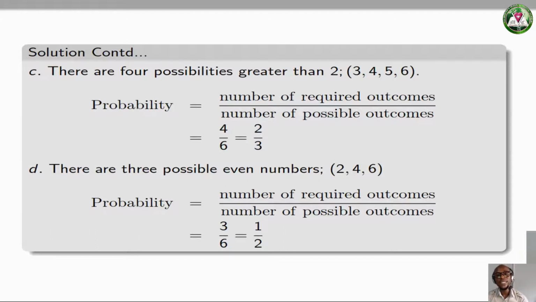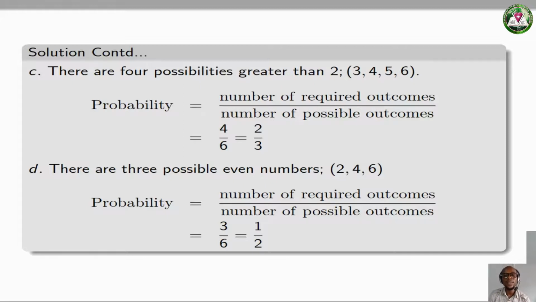But before we get the probability, we have to understand that there are 4 possibilities that are greater than 2. Since the question says it's greater than 2, the question never stated that it's greater than or equal to 2. That means it's strictly greater than 2. So the numbers that are strictly greater than 2 are what? 3, 4, 5, and 6.